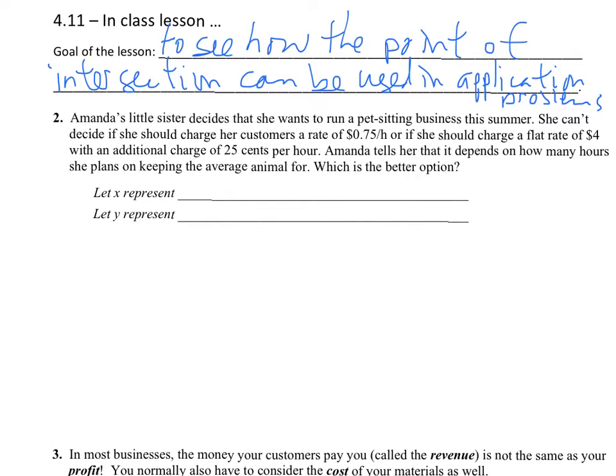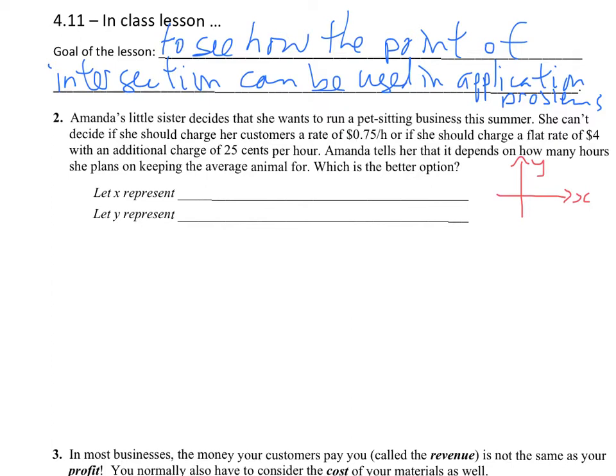Now, if we want to graph this, remember that on the horizontal axis we put the variable that won't change, that we can't change, the independent variable.